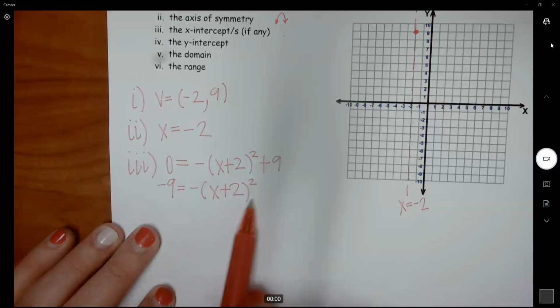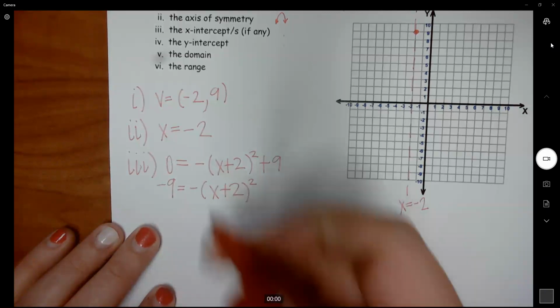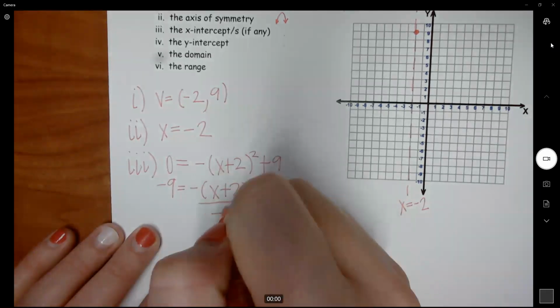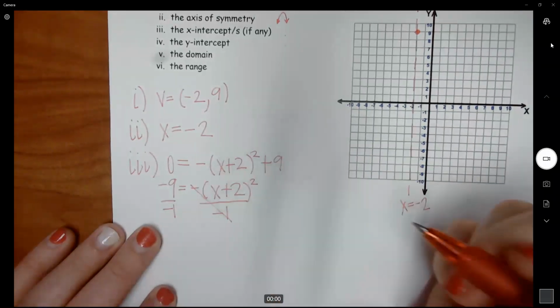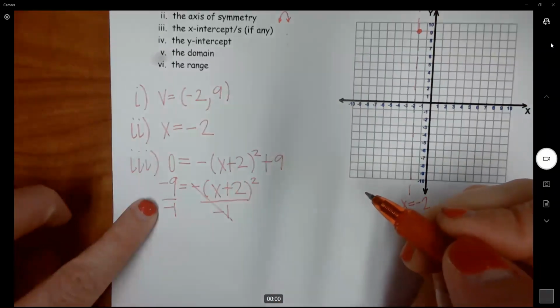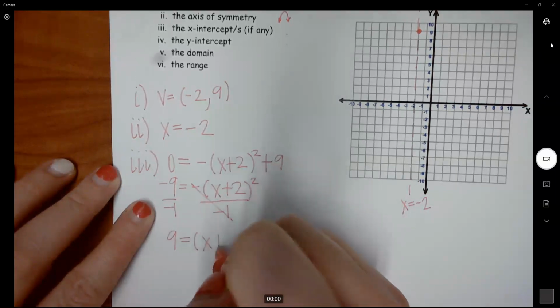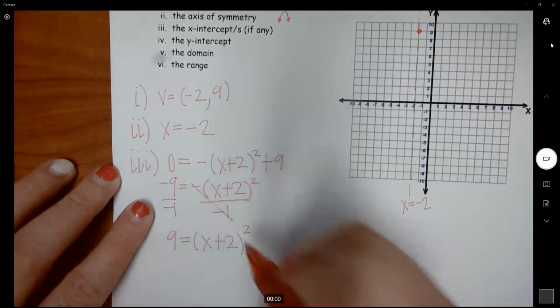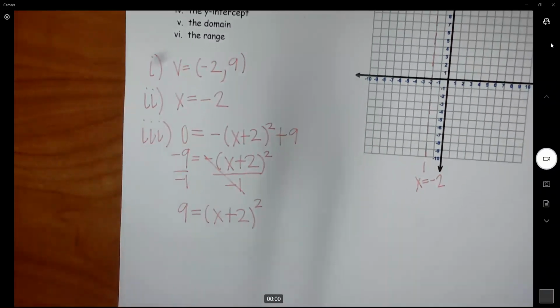I still don't technically have the squared portion isolated because I have a negative right here. So I'm going to get rid of it by dividing. My negatives go away. Negative 9 divided by negative 1 is 9, and my negative went away. So now I have my squared portion isolated.